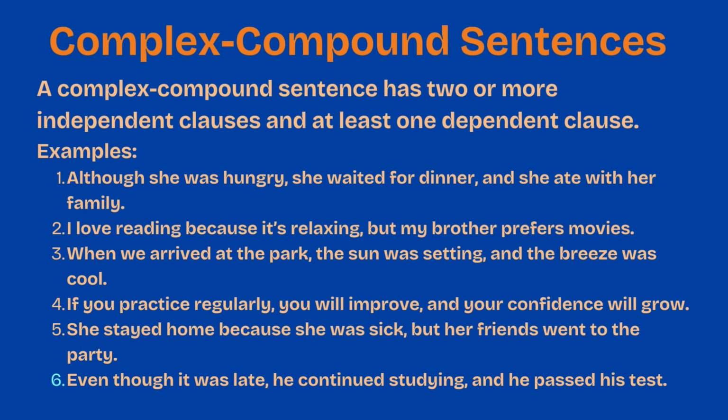Complex compound sentences. A complex compound sentence has two or more independent clauses and at least one dependent clause. Examples: Although she was hungry, she waited for dinner and she ate with her family. I love reading because it's relaxing, but my brother prefers movies.